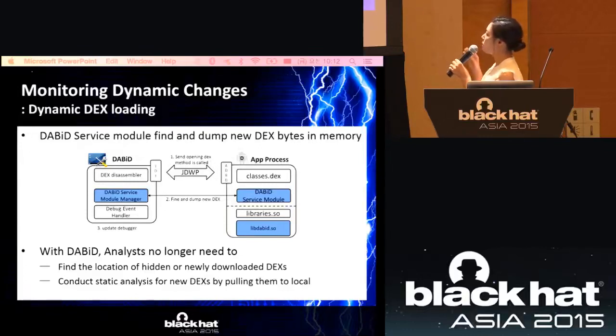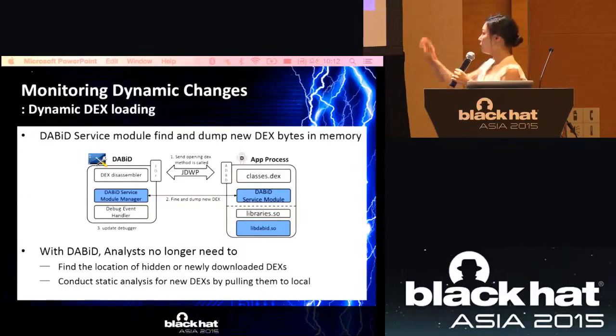When the DEX opening method is called, the DABiD service module manager gives the order to the DABiD service module to find and dump new DEX. Then the service module browses memory, lists all the DEXs in memory, and compares the list with the list it already has. By doing this comparison, it finds new DEX, dumps the new portion of memory, and gives it to the DABiD service module manager.